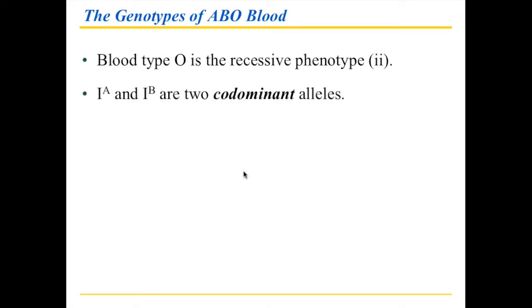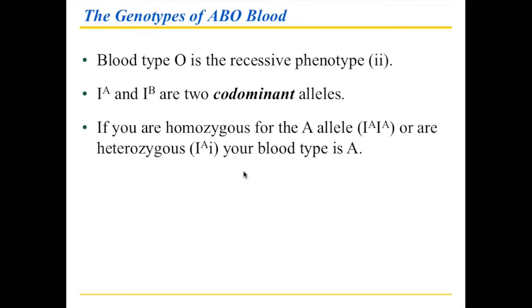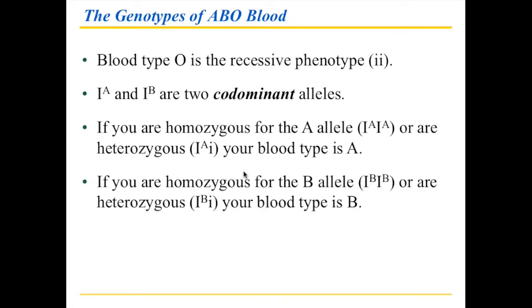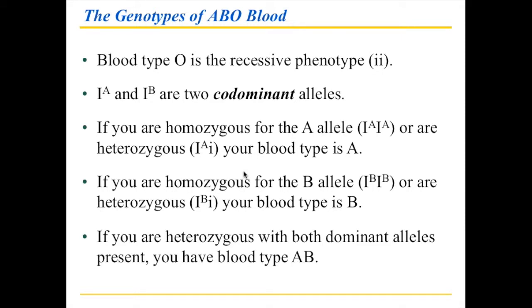Now when you have blood type O, that is the recessive phenotype. Recessive for everything. There's nothing on those blood cells. IA and IB, those are codominant. So if you have IA only, then you have blood type A. If you have IB only, then you are blood type B. If the two of them come together, that's the codominant version, and then you have blood type AB.